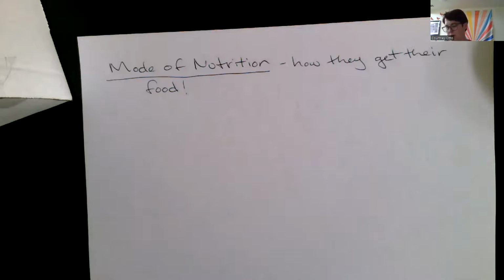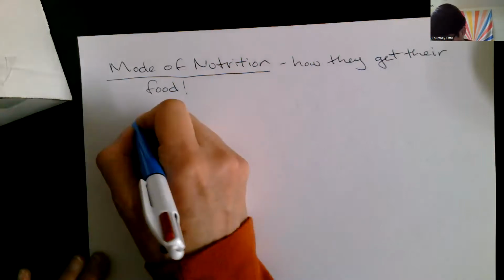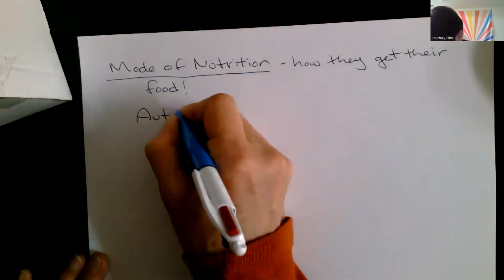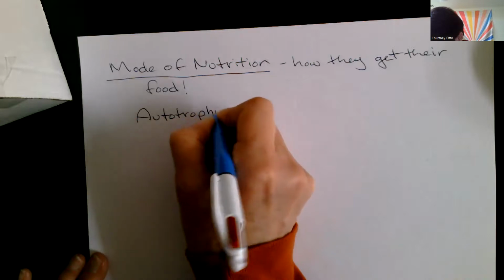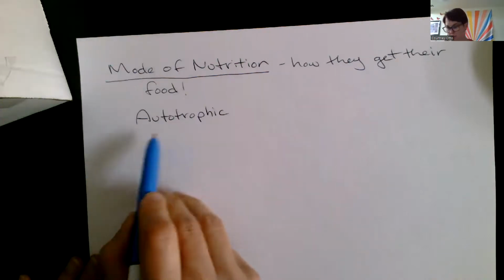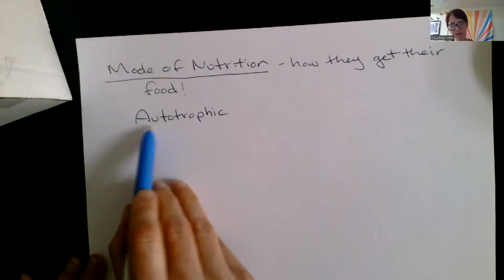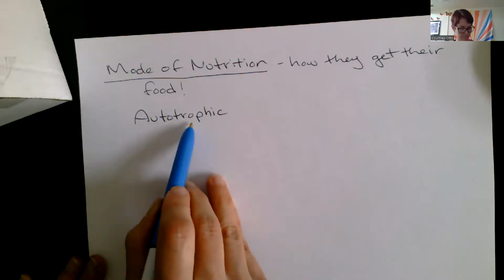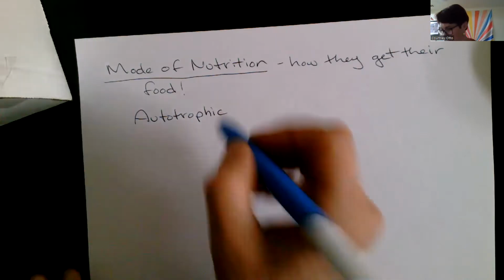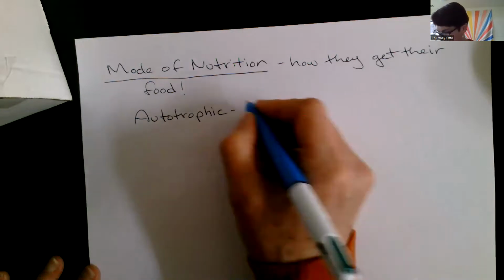Now, some of the organisms that we're going to meet, like say plants that we've already learned so much about, are going to be what we call autotrophic. And again, let's think about these word roots. Auto means self, trophic means feeding. And so these autotrophic organisms are going to be self-feeders.